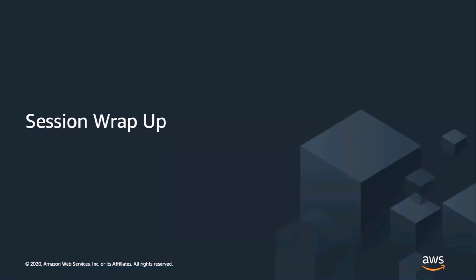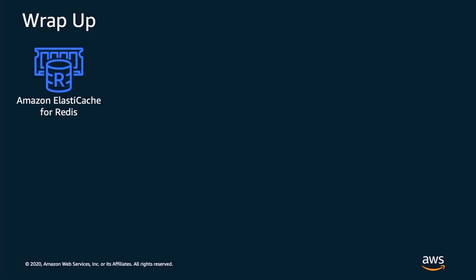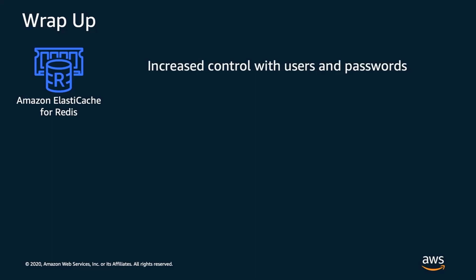So now I'll take about one more minute of your time to review what we've learned and provide a few resources. You've seen today how you can improve the access controls of your ElastiCache for Redis cluster by using users that have their own passwords, and applying those users to user groups, which are in turn applied to clusters, allows you to simplify management of those users and clusters.